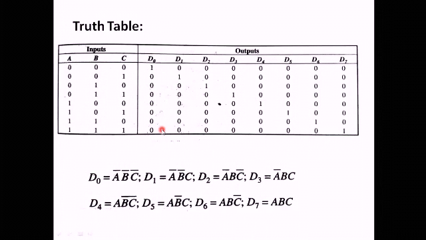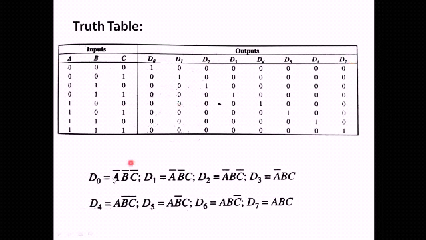Now from this truth table it is clear that only one of the 8 outputs, that is D0 to D7, is selected based on these 3 select input lines. Also from here we can get the individual logic expressions of D0, D1, D2, D3, D4, D5, D6 and D7.